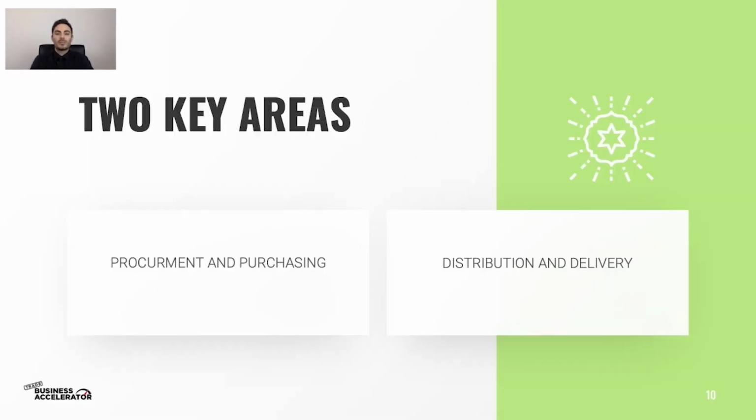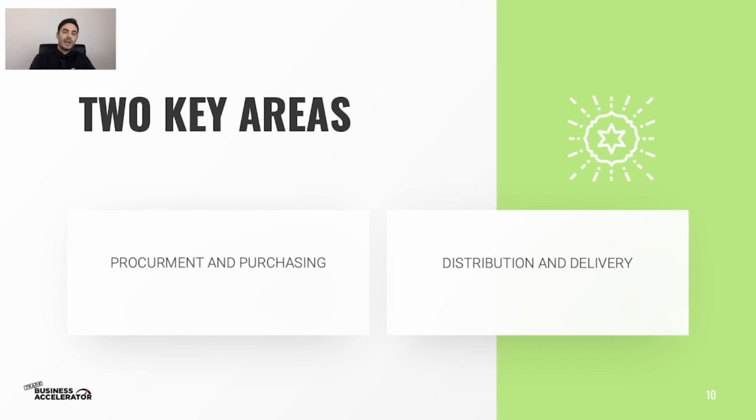So when we think about supply chain, there's lots of areas and lots of different elements to consider across various different industries and companies. But because we're the Trade Business Accelerator University, we're going to be focusing in this module on two key areas, and that's procurement and purchasing, and then distribution and delivery. So these are, in our minds, two of the key fundamental aspects of what a construction company and what a trade business needs to be focused on in order to scale their business in the correct way.